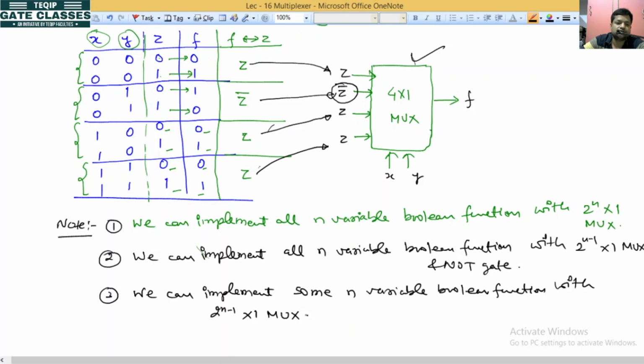But if you have only a 2 to the power n minus 1 cross 1 mux, then you cannot implement all the Boolean functions. So if you have only the mux and don't have a NOT gate, then you can implement some of the Boolean expressions in which a NOT gate is not required. Okay?